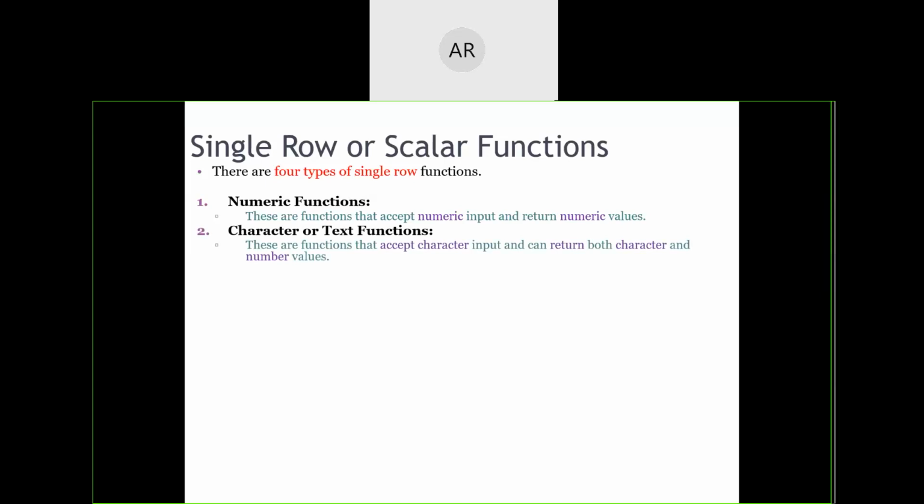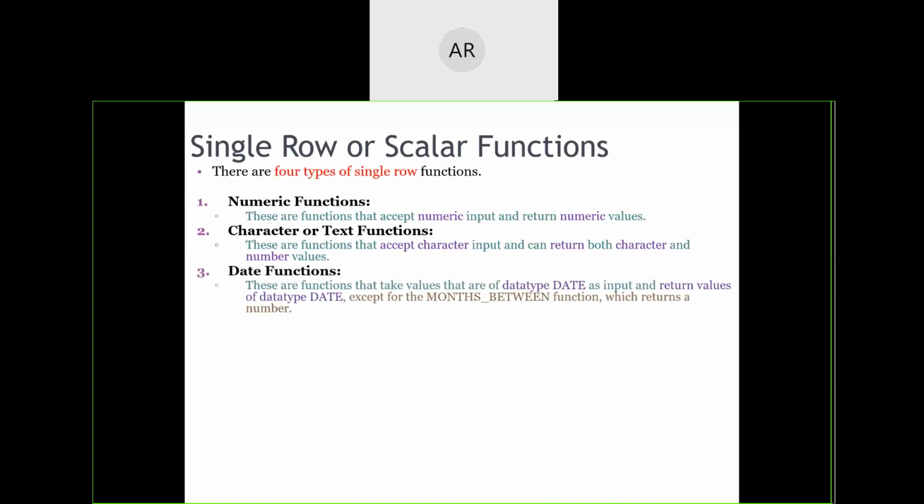Whereas character functions are those which accept character input and return character values. They may return numeric values also. And date functions take the input as date and return values of date data type.